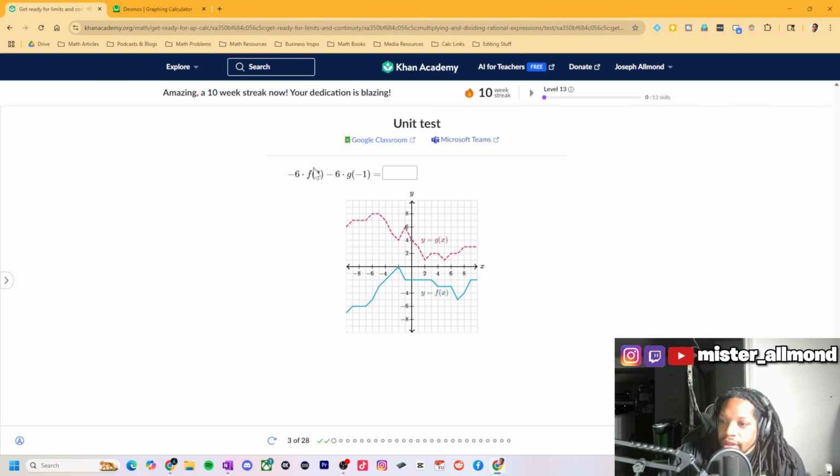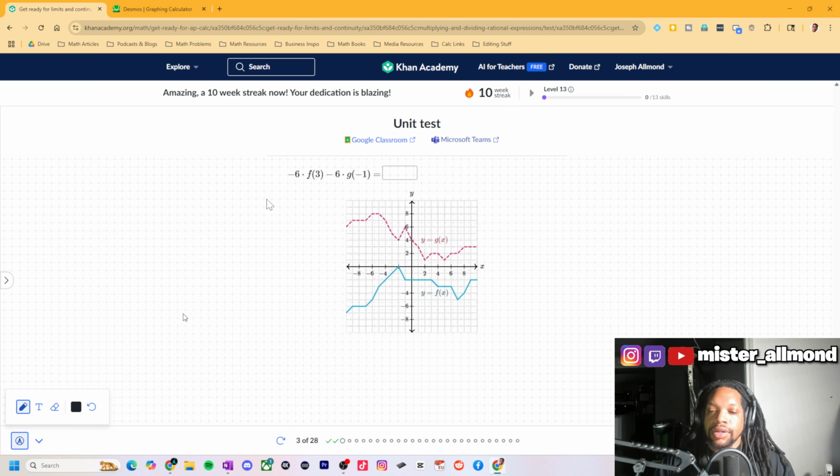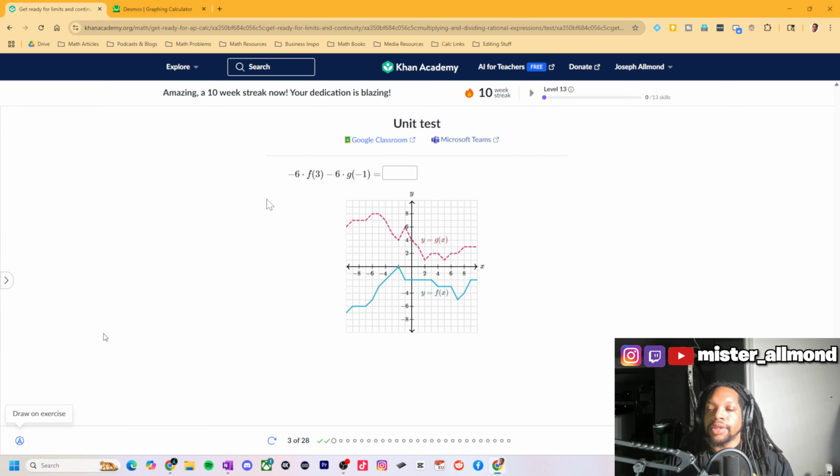Okay. I guess it just wants us to evaluate functions. Can I write on here? Let me see. No, that's trash. That tool is not the best. But anyways, -6 times f of 3. F is the blue. F of 3 looks like what? -2. So -6 times -2.